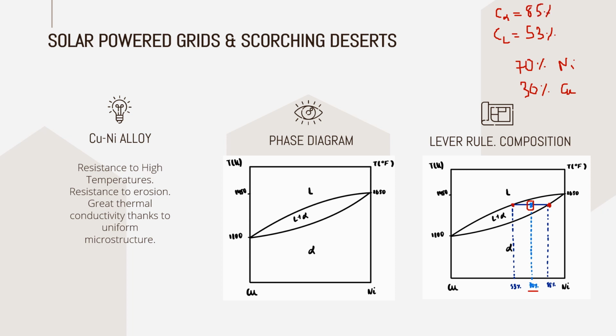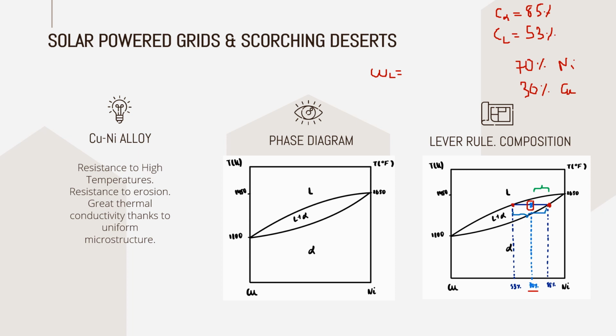So then if we want to calculate the weight fraction, for instance, the weight fraction of liquid, what we will need to do is to take this segment right here and divide it by the overall segment.